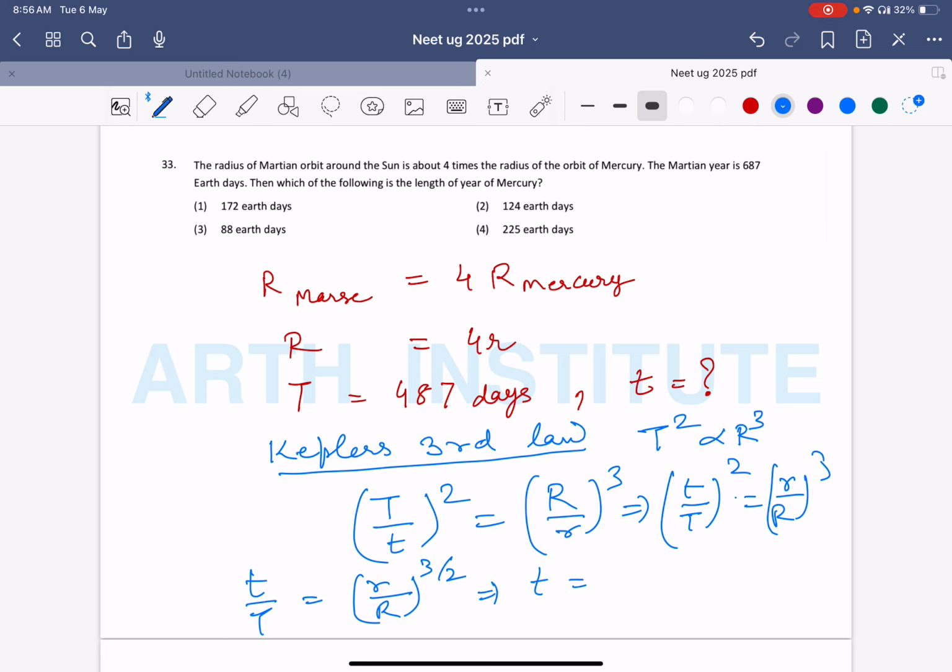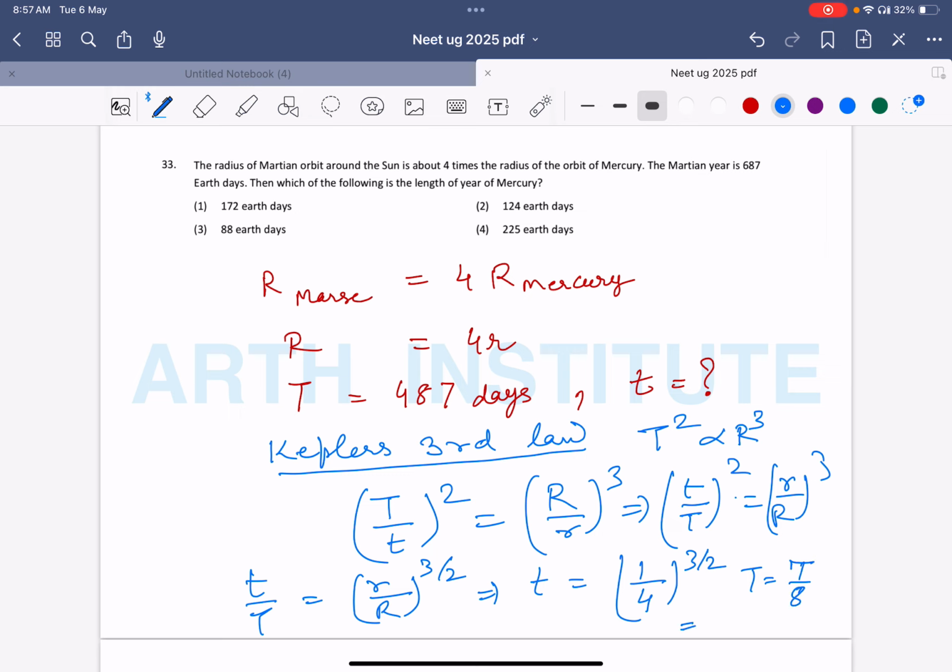So t is equal to, what is small r by capital R is 1 by 4. So this is 1 by 4 to the power 3 by 2 into capital T. And 1 by 4 to the power 3 by 2 is nothing but 1 by 4 under root is 1 by 2. So this is 1 by 2 cube. This is T by 8.